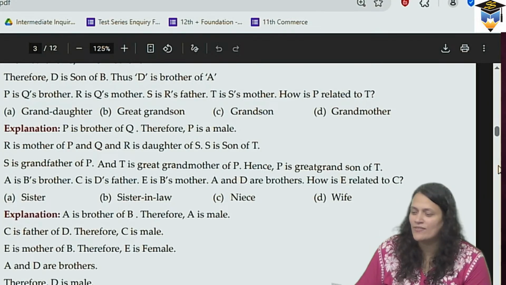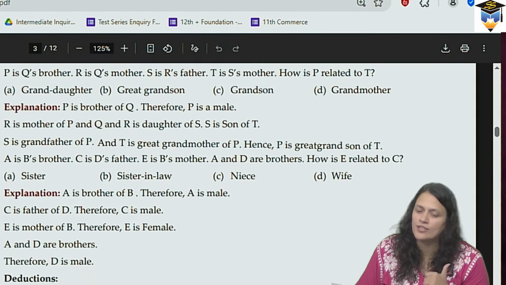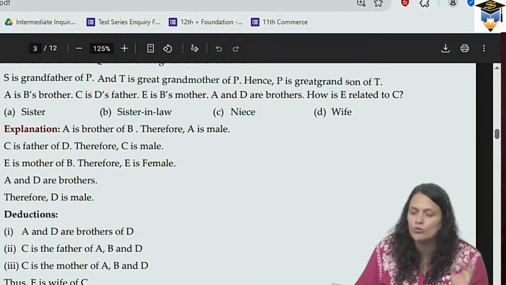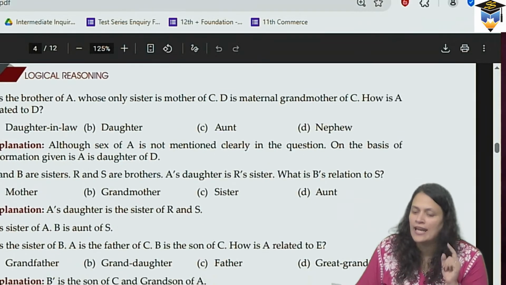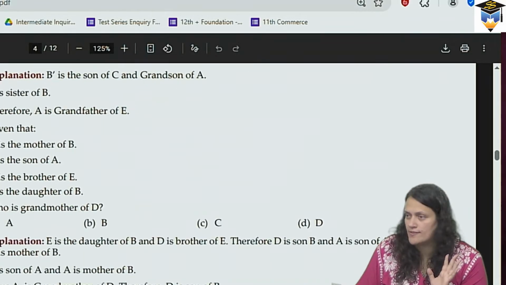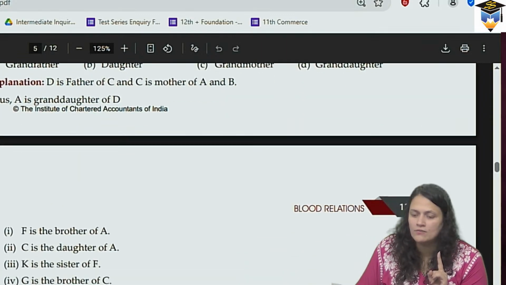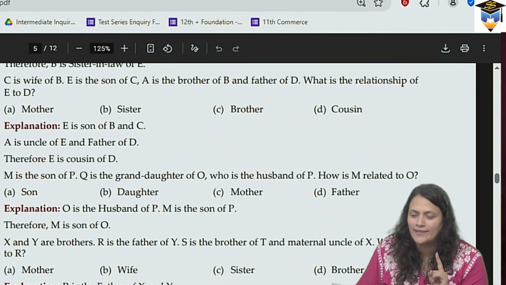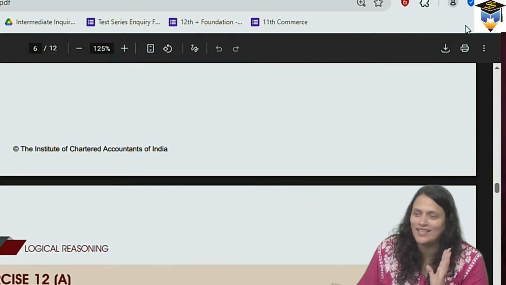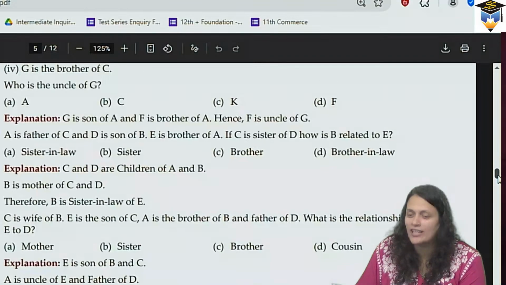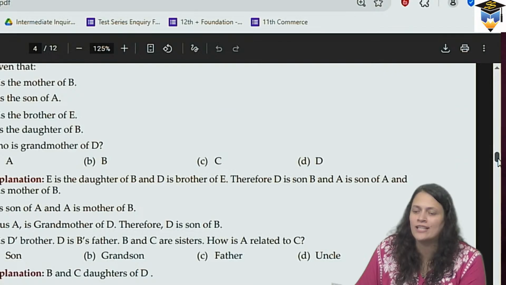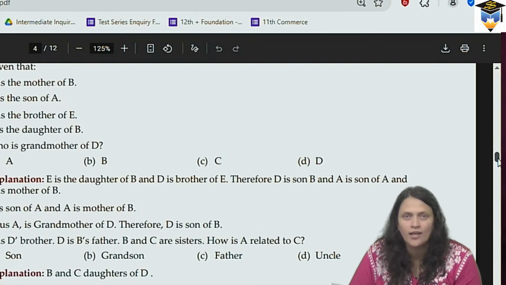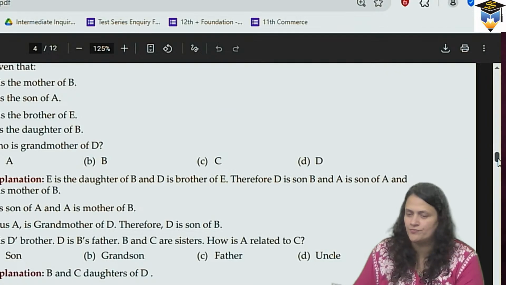In this way, please go through all the solved examples first. I'll give you some time. Please go through all the solved examples from the book and then we will start with the exercise. There are total 15 solved examples. Each and every solved example, try to do it in this way. That will help you. I'll give you 5 to 10 minutes.